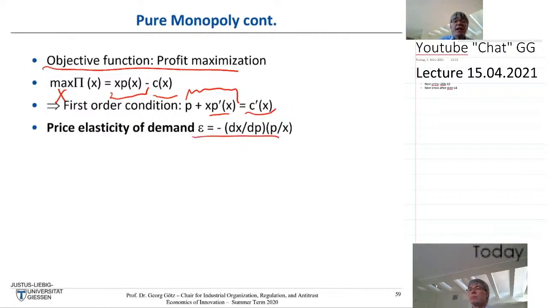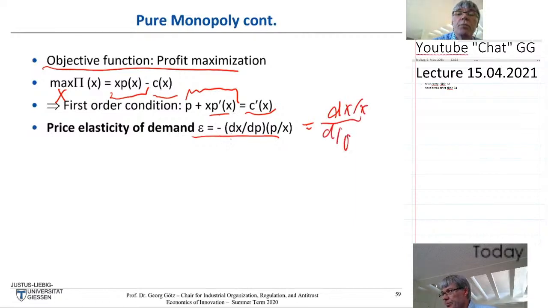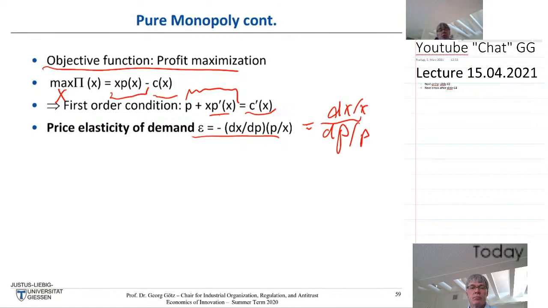Of course, we can slightly rearrange that by using the price elasticity of demand, which is simply defined as it is written here, dx over dp, that's the derivative of the demand function, times p over x, which is nothing else than, if we would put it differently, dx over x over dp over p, which is nothing else than in the denominator the percentage change in price, and in the numerator the percentage change in quantity.